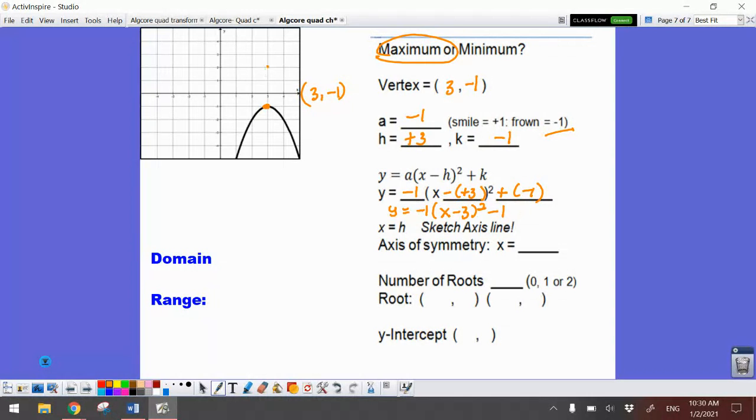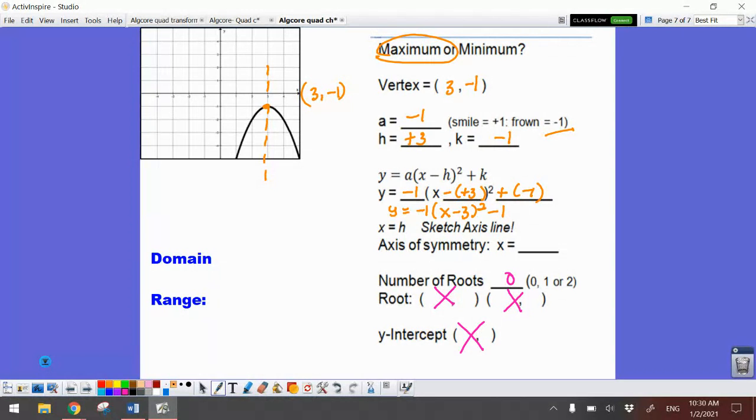All right, sketching in my axis. There's my axis. Do I have any roots or x-intercepts? No, I don't have any. There's 0, so I'm going to cross those out because there aren't any. Do I have a y-intercept? Well, I do, but I can't see it. So at this point, I can't fill that out.